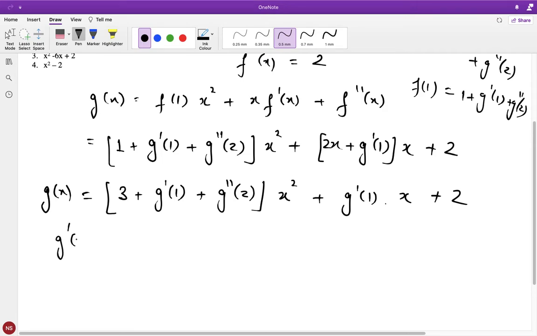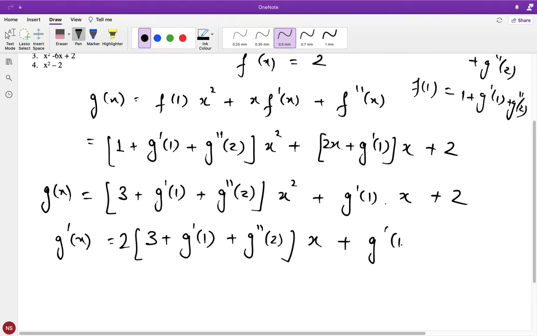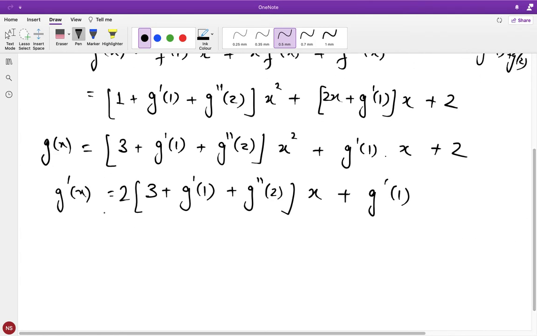So when I take g dash x, this will stay just like that, except derivative of x square will be 2x, so 2 here. Derivative of x is 1, so g dash 1, and this will be 0. And g double dash x will be what? This will be 0 and x derivative is 1, so just this.